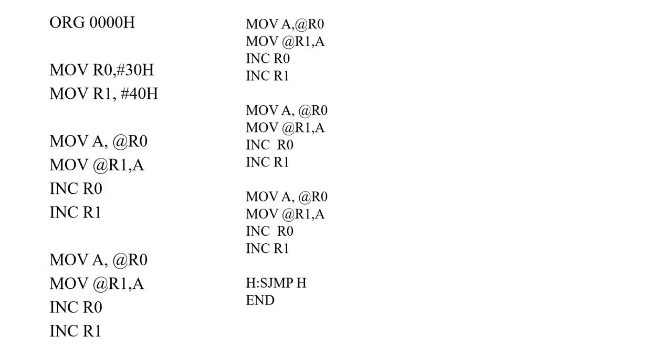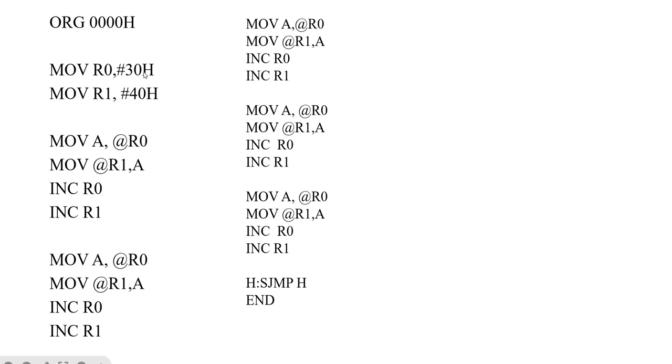Now the next step is to load the source and the destination addresses. For that we are using these two instructions, that is MOV R0, #30H and MOV R1, #40H.